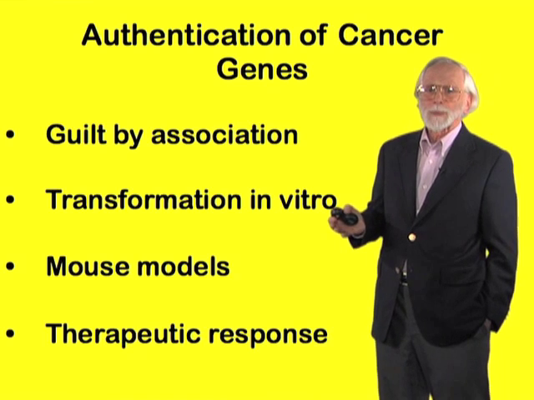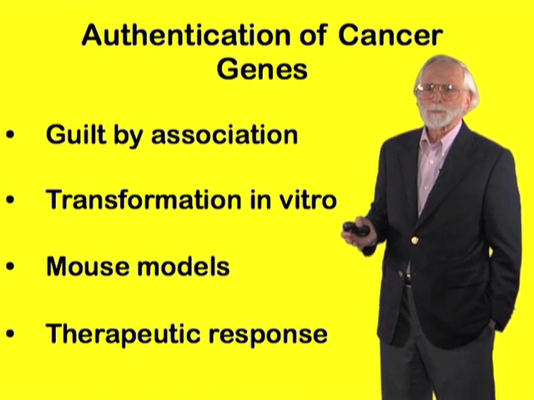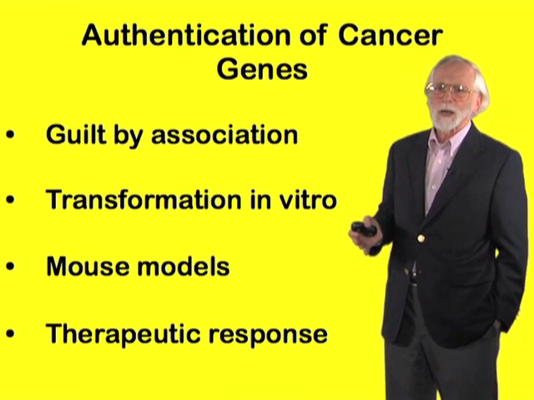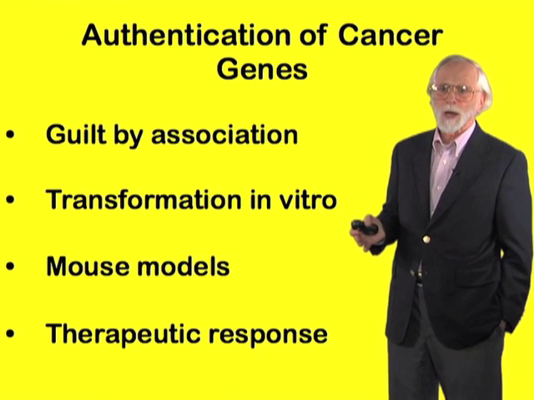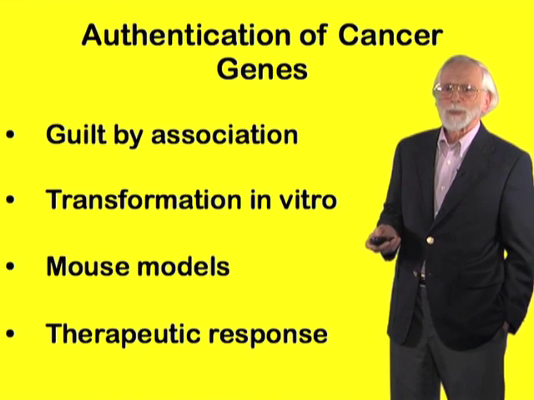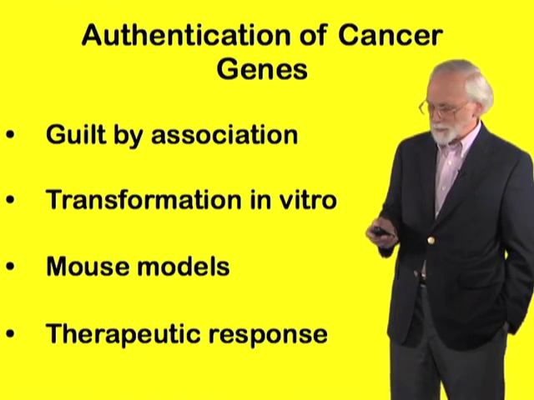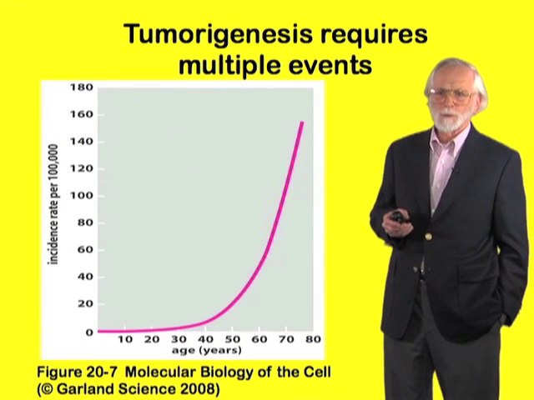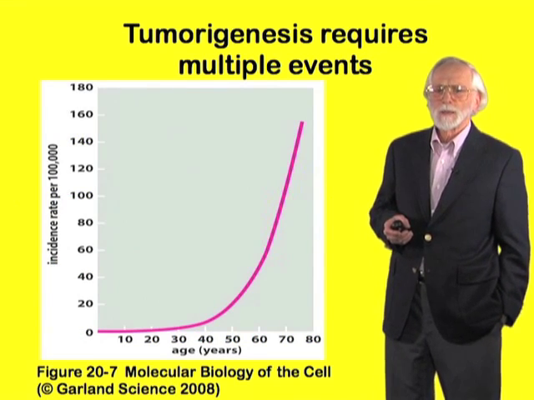And finally, in very recent years, it's been possible to demonstrate that targeting at least a few of these abnormalities with therapeutics gives rise to a therapeutic response, something I will talk about in greater detail in my second and third chapters.